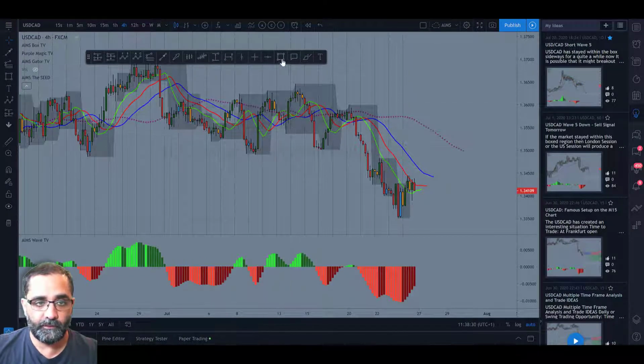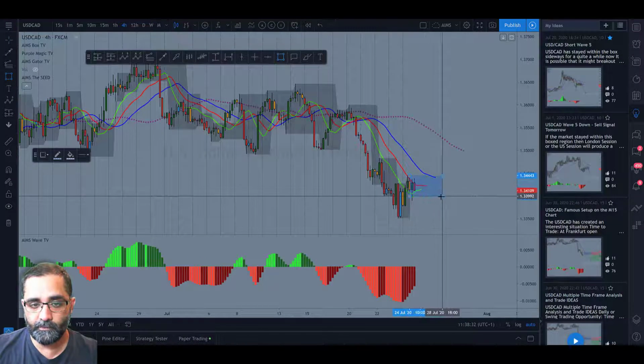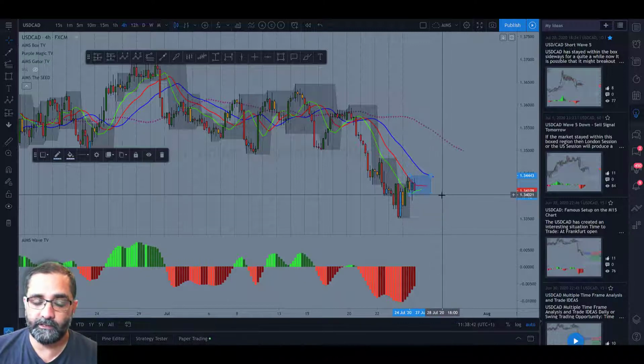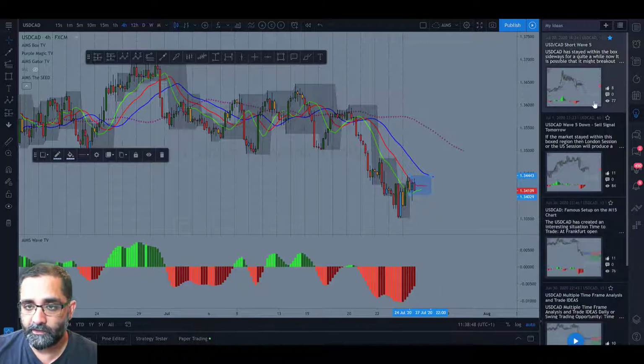So if we give it a few days, maybe by Tuesday or Wednesday, this would have created a setup one short. So we'll have a look at it. And as it breaks out, it can also create a setup one on the hourly chart. So this is definitely on the watch list.